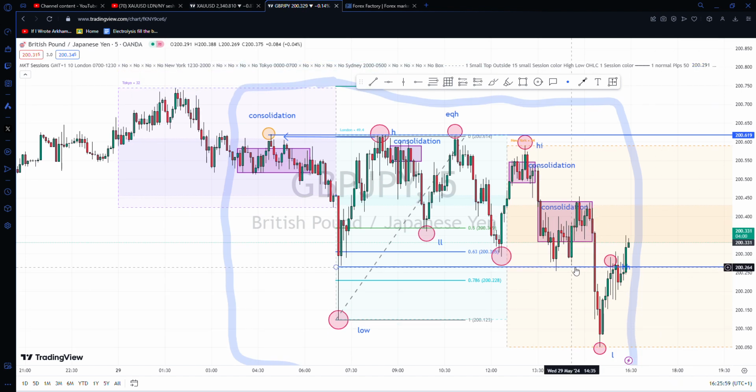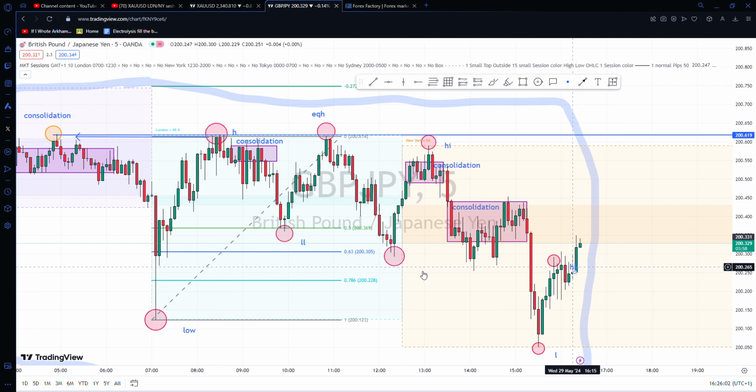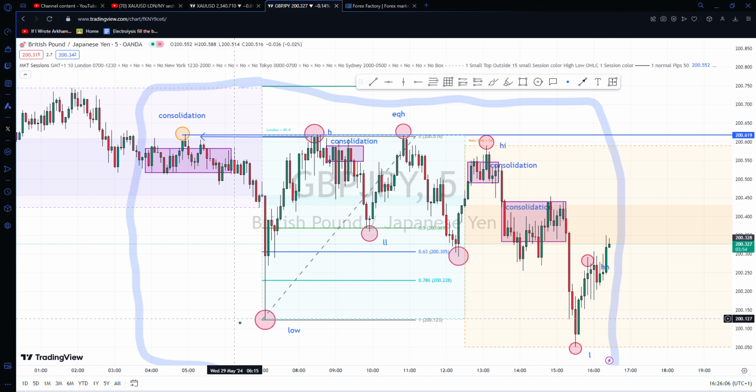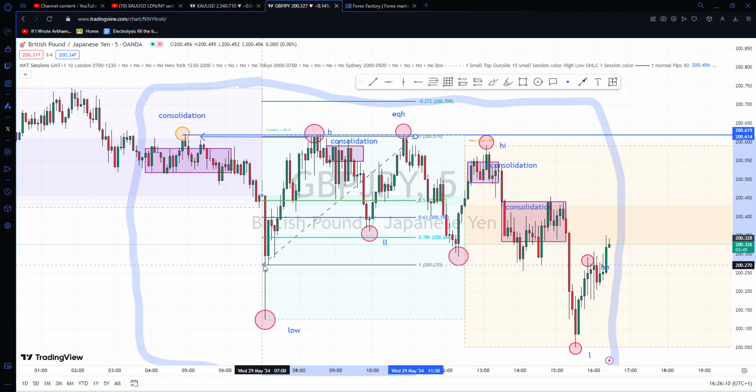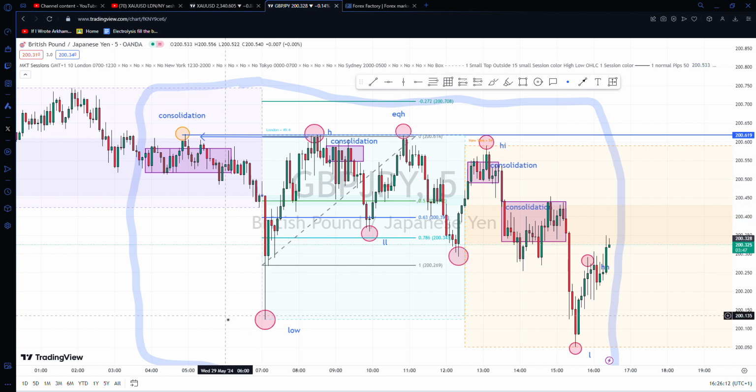Personally, when I see a long wick like that, I won't draw the Fibonacci on the long wick. I'll try to draw it from the shorter one, yeah. So I'll try to draw it from there.